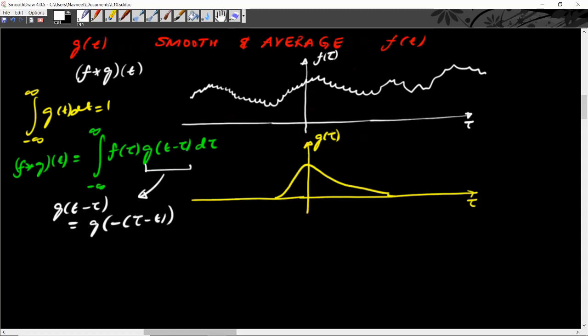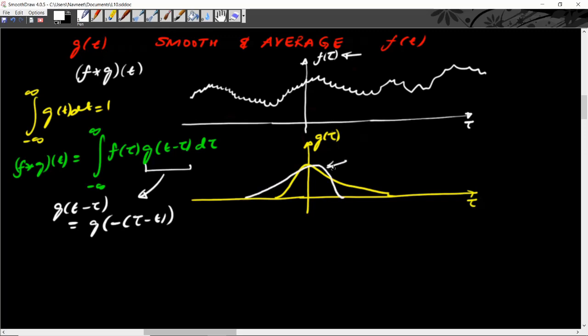So essentially what we have is that we take this function f of tau over here and multiply with this function g of t minus tau. So g of t minus tau can be thought of as this. So first we flip this function g like this.